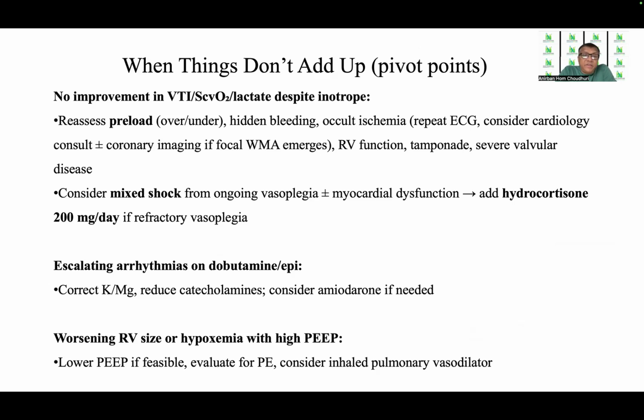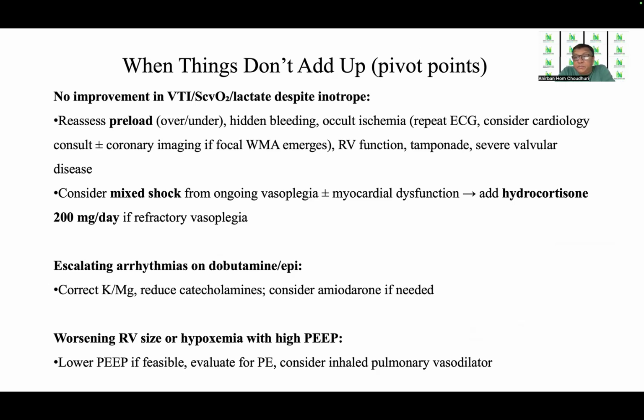We have to consider a mixed shock because of ongoing vasoplegia with or without myocardial dysfunction. In those patients, we add hydrocortisone 50 milligrams 6 hourly or 200 milligrams per day in case of refractory vasoplegia. If there is escalating arrhythmias when the patient is on dobutamine or epinephrine, we look into the electrolytes.